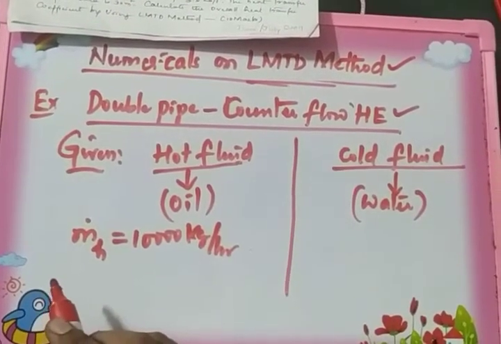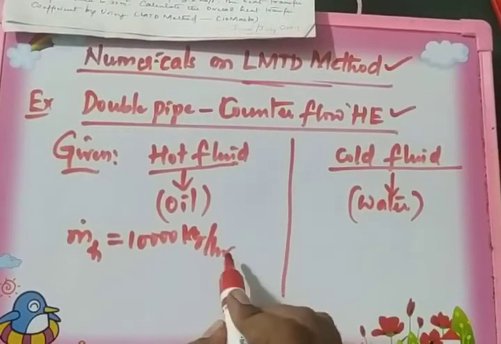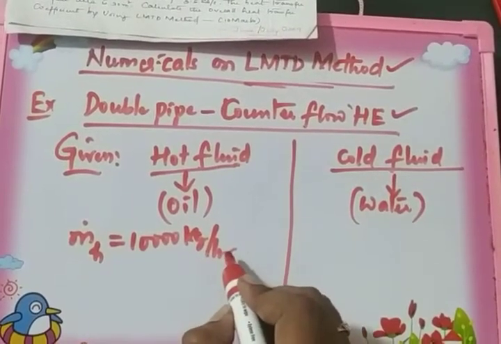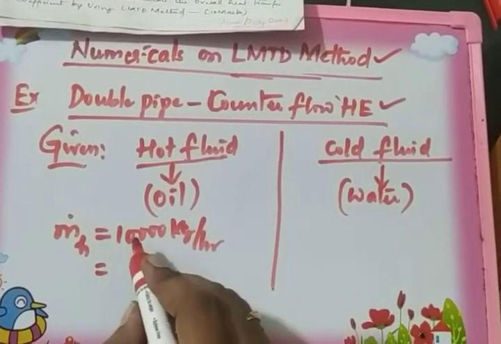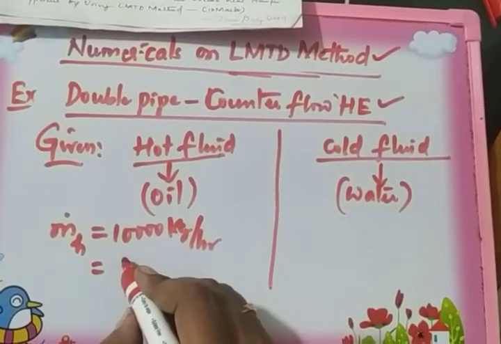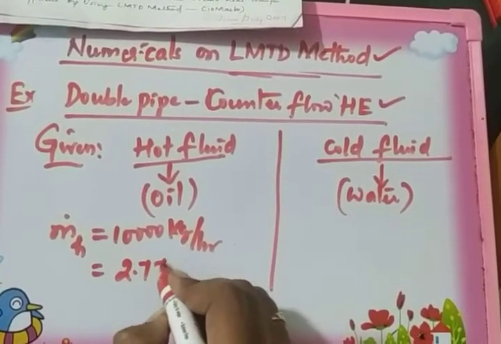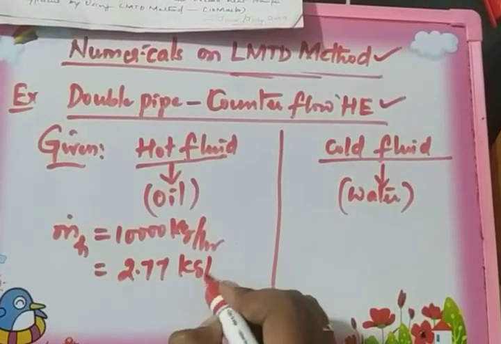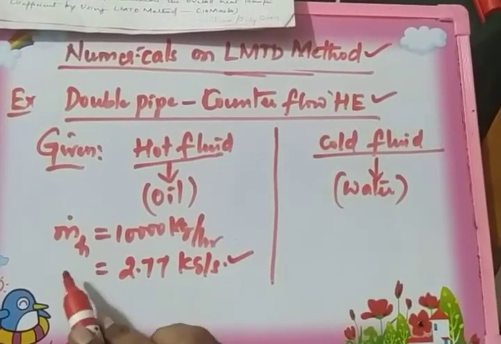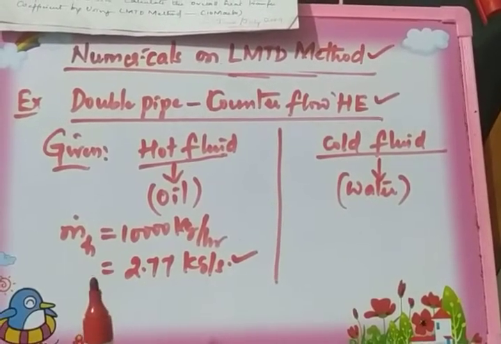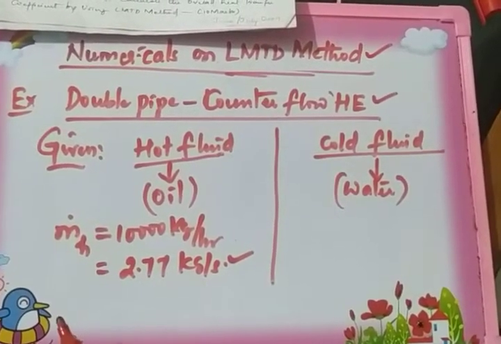Since it is given in kg per hour, you can divide it by 3600 so that you get the parameter in kg per second. So when you divide it, you get 2.77 kg per second. We shall always express the unit for m dot in kg per second for our calculations.